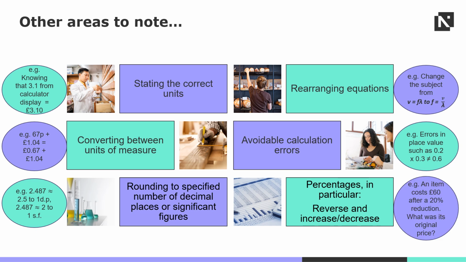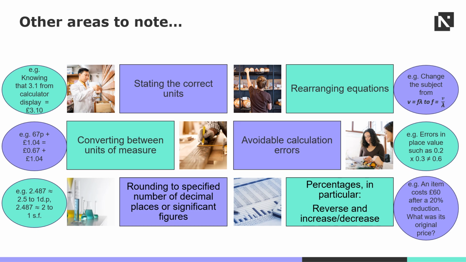And then finally, percentages. These questions do crop up fairly regularly on T-level core exams and in ESP and OS assignments. The areas particularly to look out for are reverse percentages. So the example I've given here is, an item has been reduced and you have to find what the original price was.